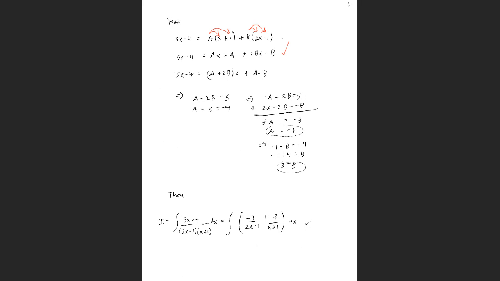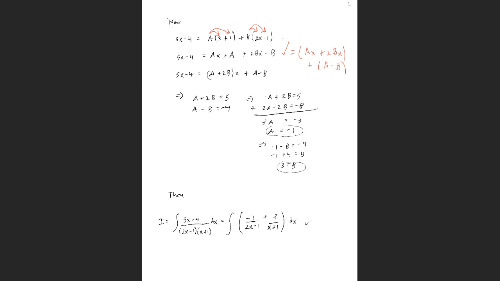And what I'm going to do is group together like terms. So what I have here is ax, a times x, plus 2 times b times x, plus a minus b.